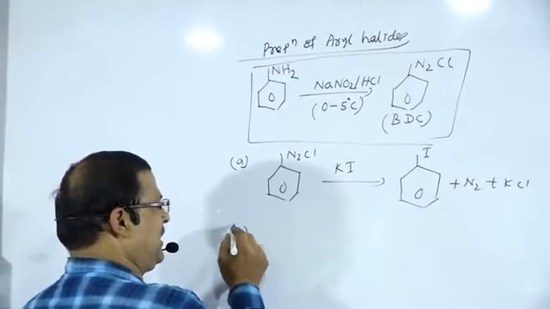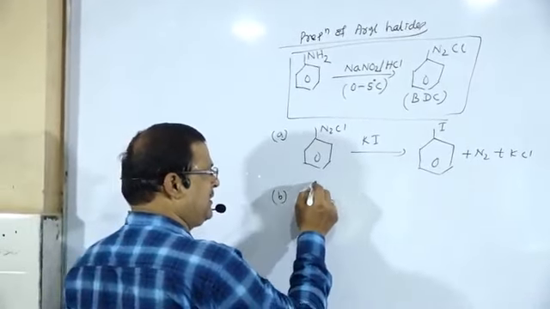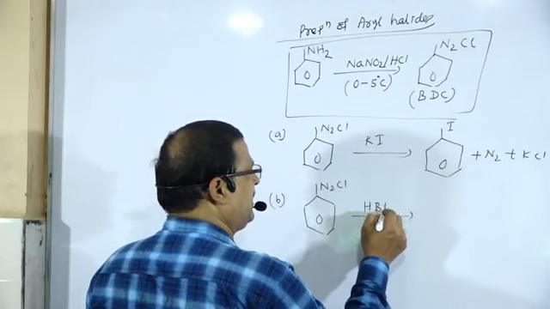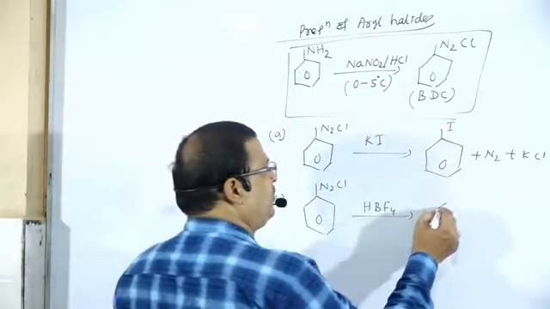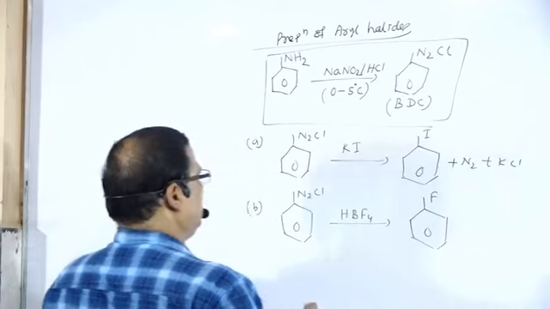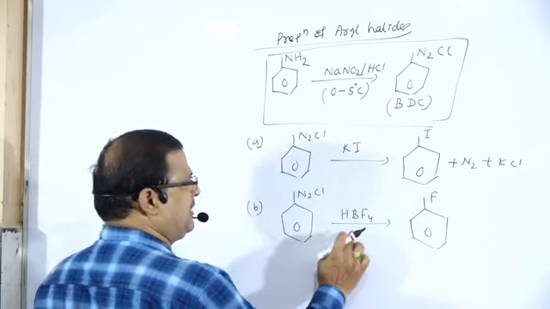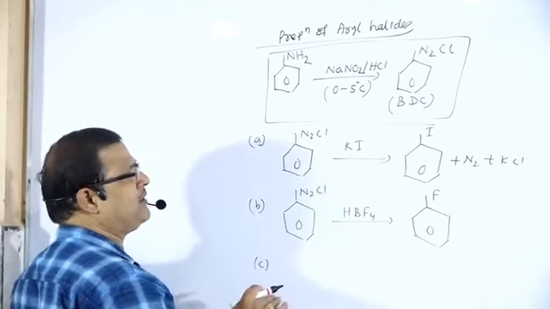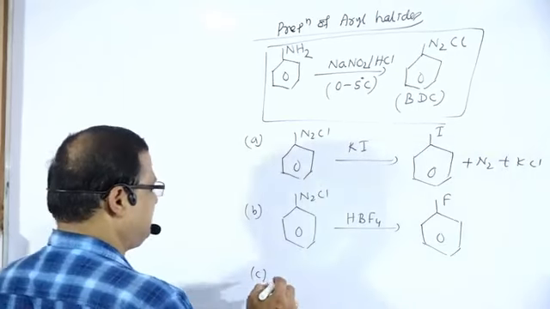In the same manner, benzene diazonium chloride, C6H5N2Cl, is treated with HBF4, and there is the formation of fluorobenzene. So BDC treated with KI forms iodobenzene, and BDC treated with HBF4 forms fluorobenzene. This is a very important method from which we can obtain chlorobenzene, bromobenzene, iodobenzene, fluorobenzene, etc.